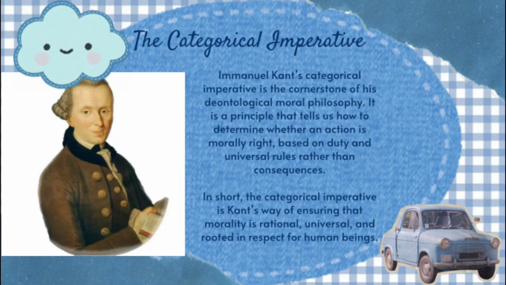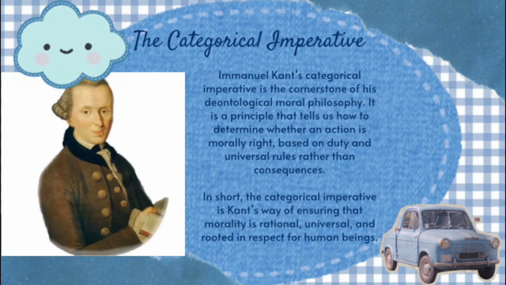It is a principle that tells us how to determine whether an action is morally right based on duty and universal rules rather than consequences. In short, the categorical imperative is Kant's way of ensuring that morality is rational, universal, and rooted in respect for human beings.